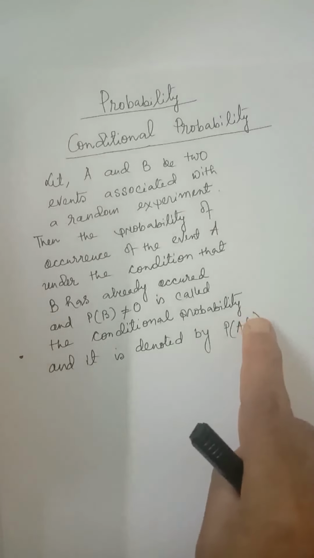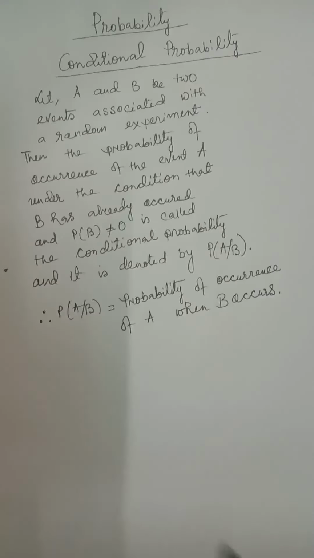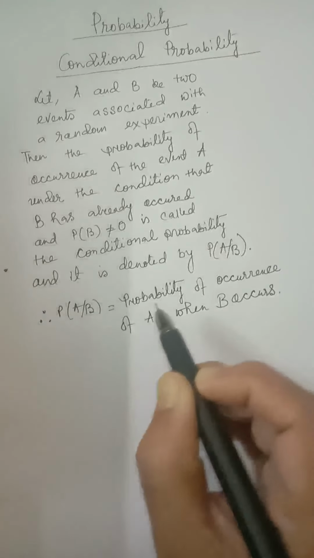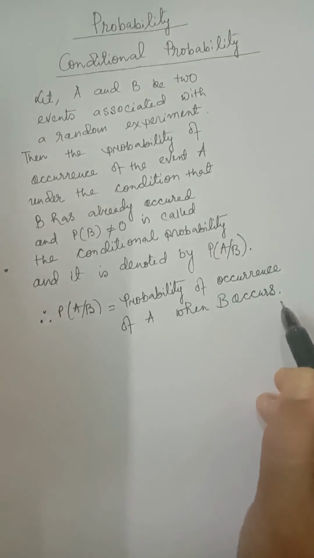If B has already occurred, then what is the probability of A? So P(A/B) equals probability of occurrence of A when B already occurs.